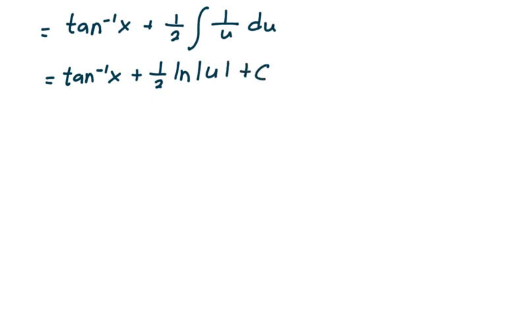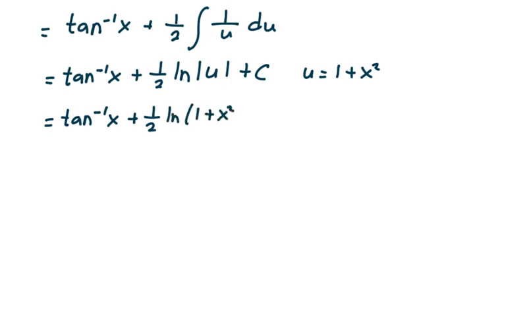But remember, this integral has to be in terms of x. And remember, u equals 1 plus x squared. And so this is arc tangent of x plus 1/2 natural log of 1 plus x squared. And notice I don't need parentheses because 1 plus x squared is positive for all x. And then I just add c at the end.